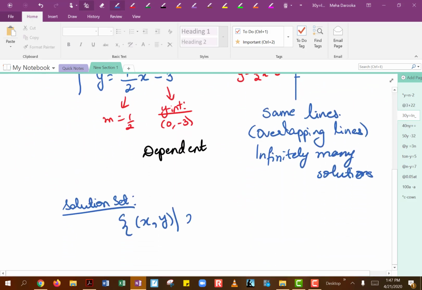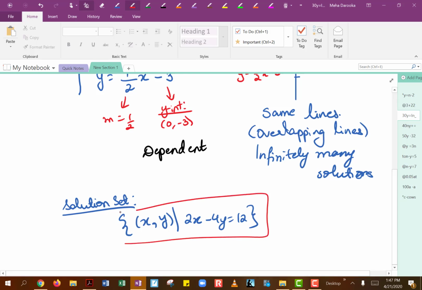So I'm going to write it as 2x minus 4y equals 12. So we are saying the solution set for this system of equations comes from this equation, and it's going to be all the ordered pairs. So sometimes you will see these solutions written in set builder notation.